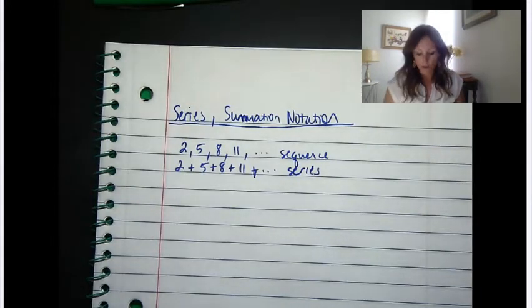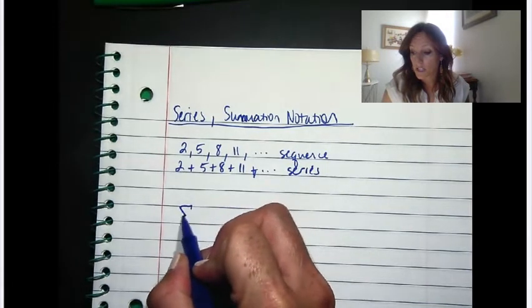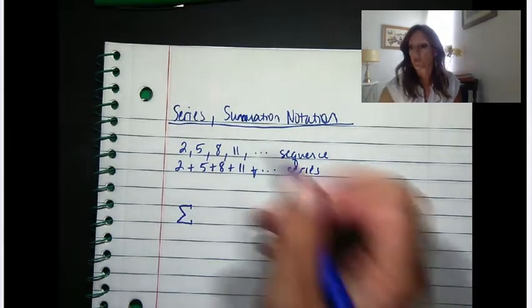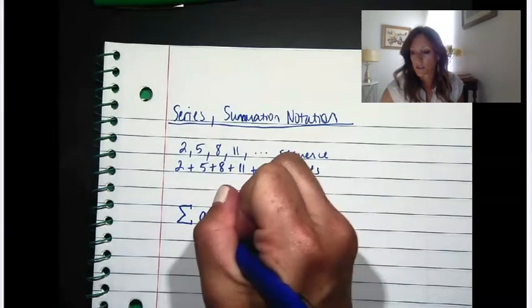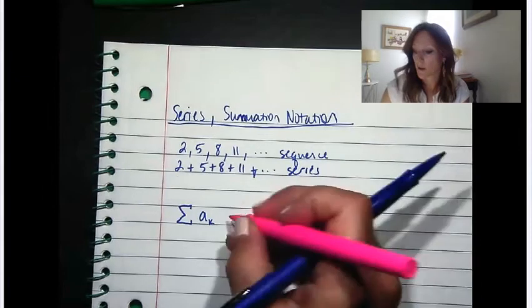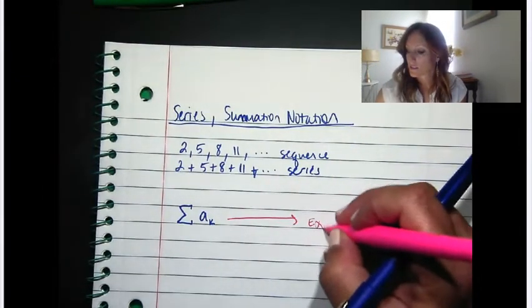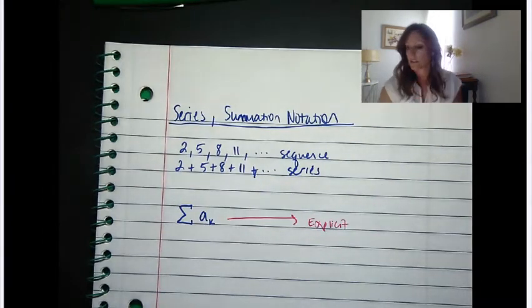Okay, so I'm going to get you into the notation of things a little bit. We use the Greek letter sigma, and this sigma will represent a sum, and so that will mean we're actually adding them up. And next to that sigma, we'll put the explicit rule. And the explicit rule, I'll explain why I'm using a sub k instead of a sub n, is what creates those different terms in your series.